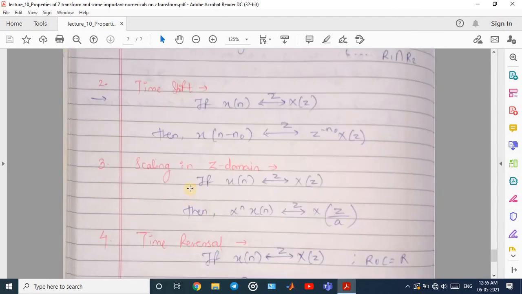The third one is scaling in the z domain. Scaling is nothing but the introduction of a constant term with some power.